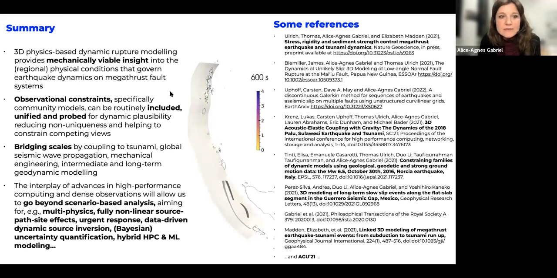We can include observational constraints. We can also unify them, sometimes challenging, or probe different proposed models for dynamic plausibility. We can bridge scales. And we are just at the point in time where we can go beyond scenario-based analysis. We're thinking about Bayesian approaches, UQ, hybrid HPC, and machine learning modeling.